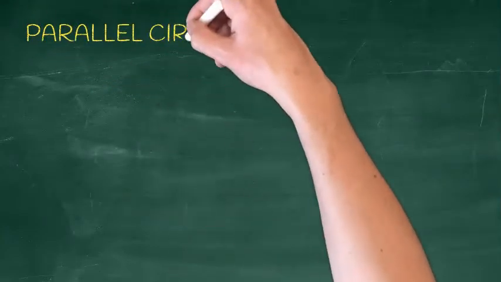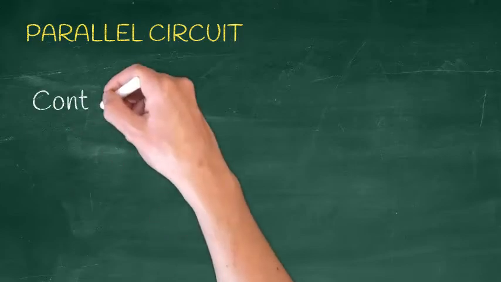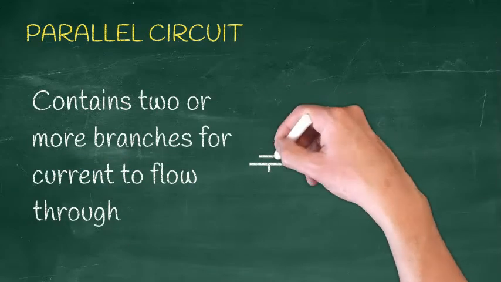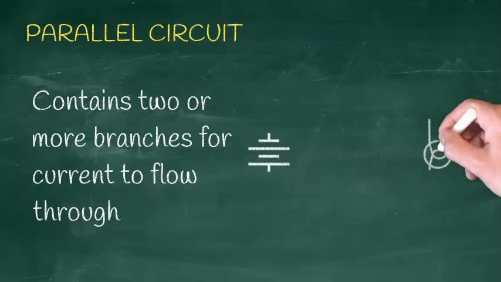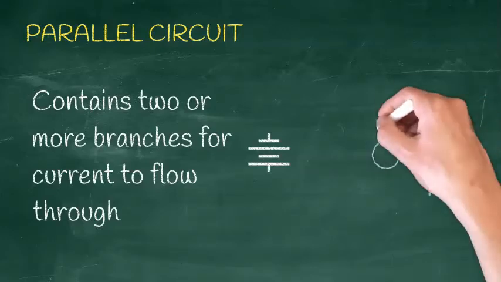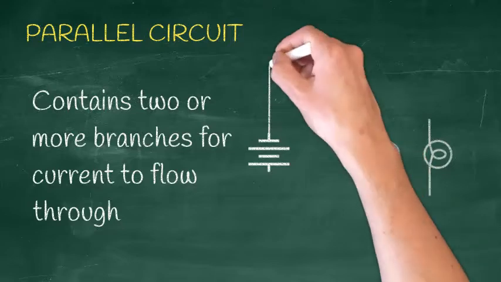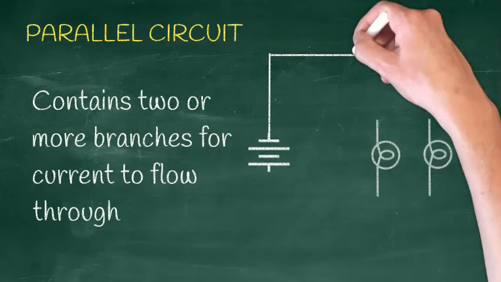The next kind of circuit that I'd like to talk about is a parallel circuit. A parallel circuit contains two or more branches for the current to flow through. For example, we have these two lights here that we want to connect to that battery again, but we're going to connect them a little differently.